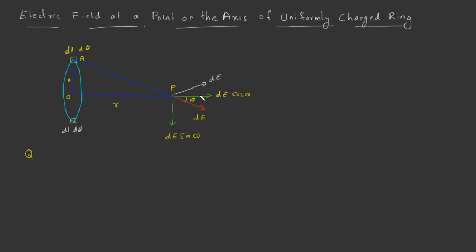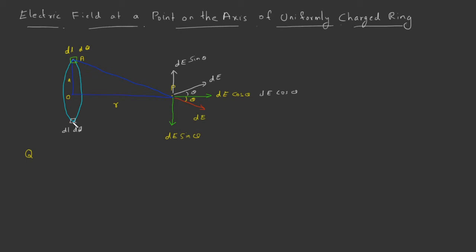We can divide this into two components. One will be dE cos theta, because this angle will also be theta, and the other component perpendicular to the axis is dE sin theta. You can see, due to symmetry, that if you consider a small element here, we can consider the same element just opposite.